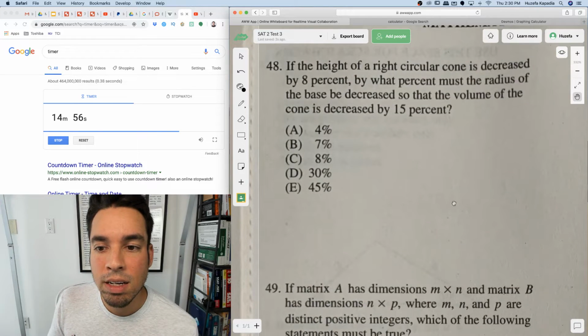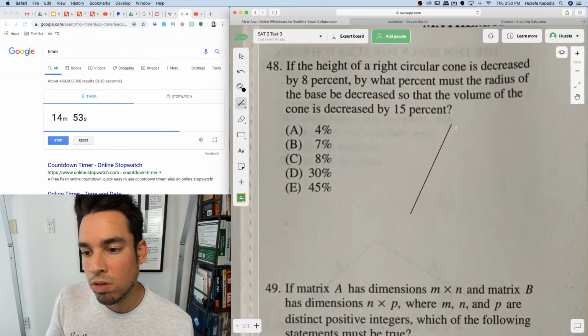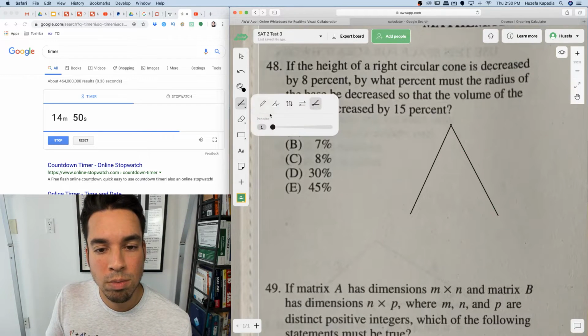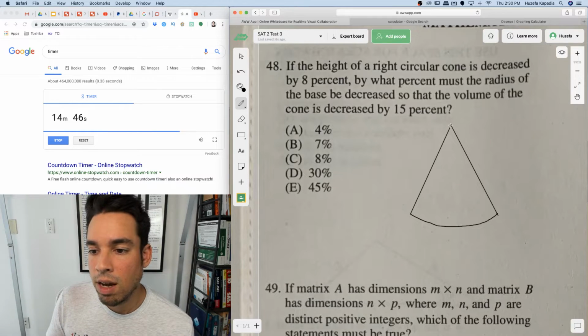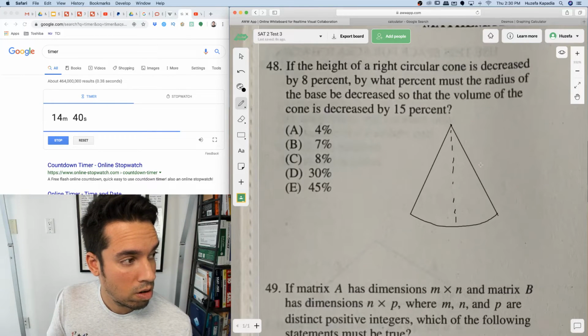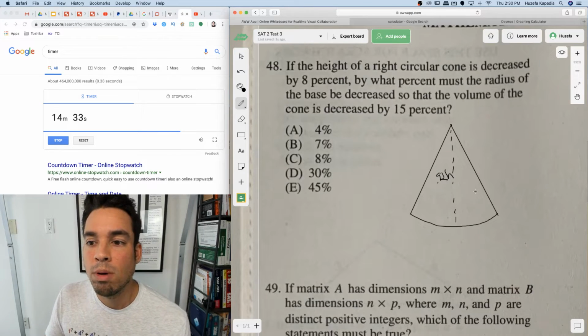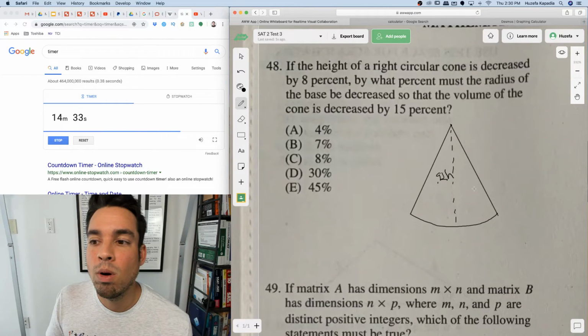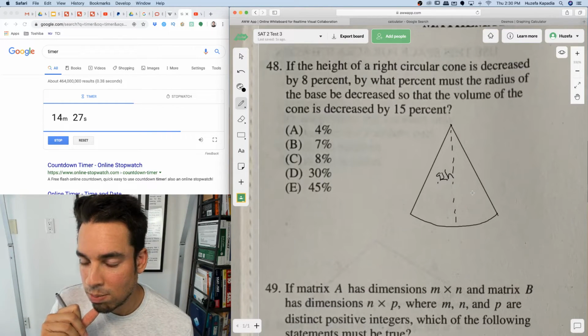Next, if the height of a right circular cone, let's draw it out so we remember what a cone is, is decreased by 8%, so it's now 92% of its original, so it's now 0.92 h, by what percent must the radius of the base be decreased so the volume of the cone is decreased by 15%?